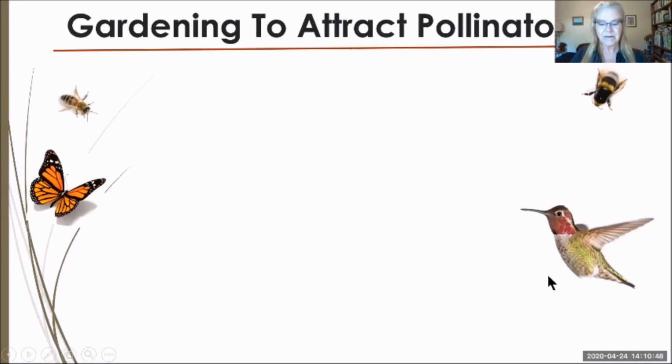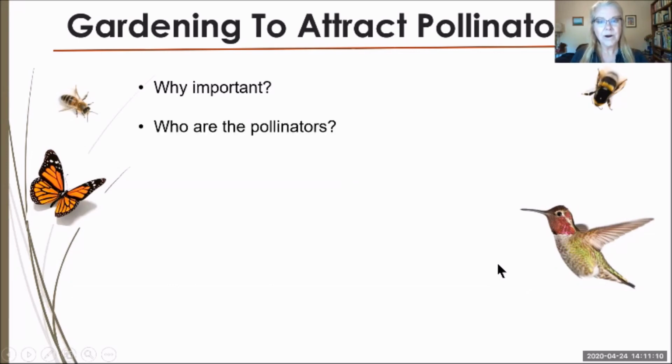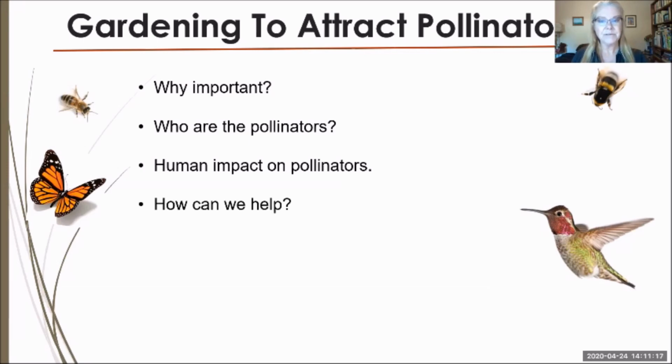Okay, so gardening to attract pollinators. In this presentation, we try to focus on how we can create pollinator gardens on a local level, and would like to share with you today and hopefully inspire you to create your own pollinator garden. So first we want to talk about why it is even important. We're going to look at who the pollinators are, and then we're going to take a look at human impact on these pollinators.